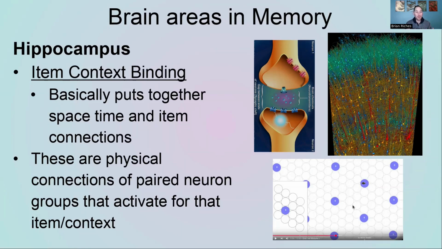So remember that engram, that specific neural network, is spread out all over your brain, but you can also use some pieces of the hippocampus to tie those together, to strengthen those, and even to reactivate those as well. So again, an engram is some of those neurons that were active during the memory itself.